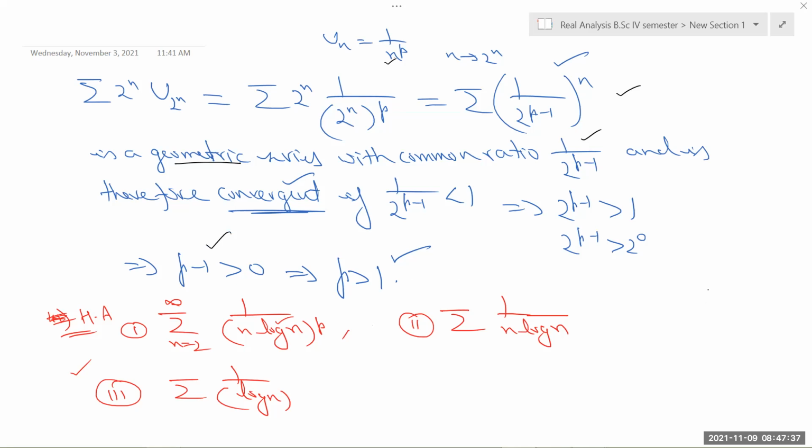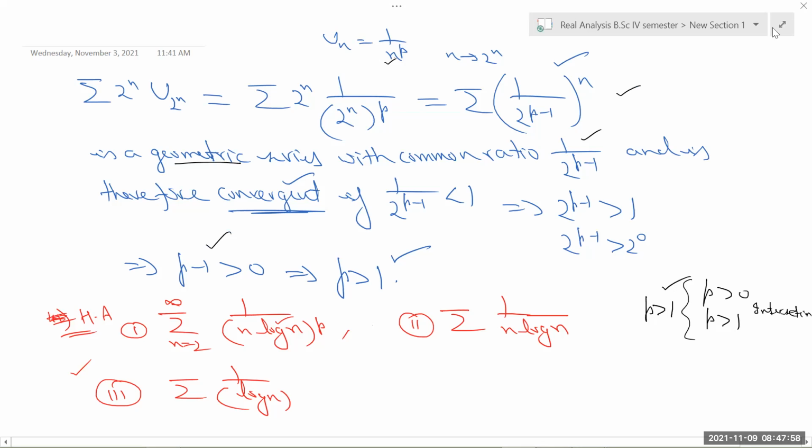Now we started with the condition P greater than 0 and we have obtained P greater than 1 for convergence. So after taking the intersection, we have P greater than 1. So this implies that the series is convergent for P greater than 1.